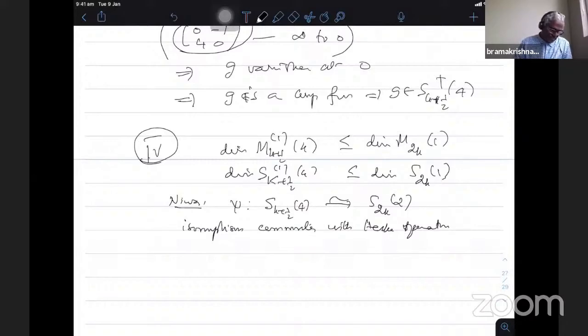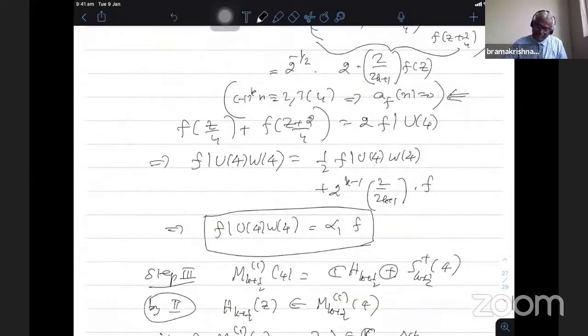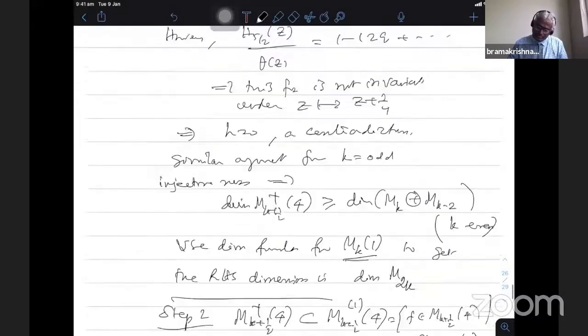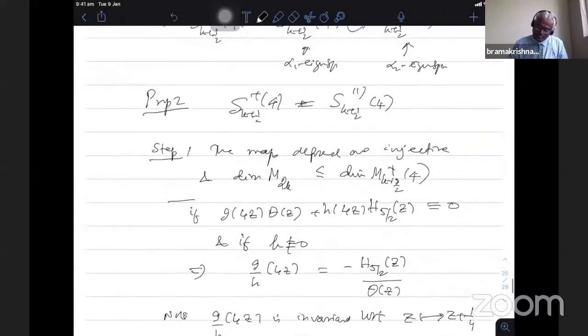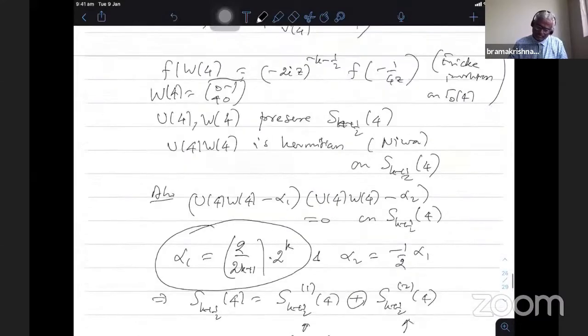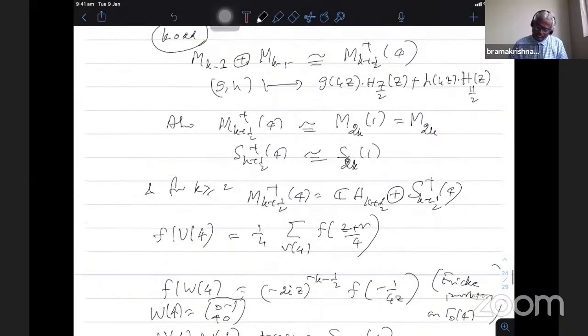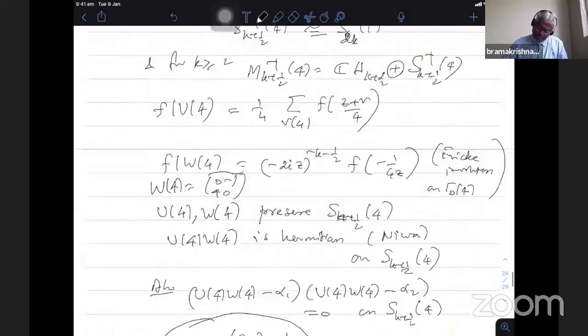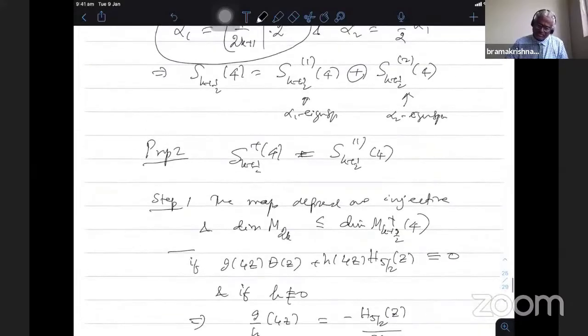So first we show that S_{k+1/2}^+ is not mapped to new forms. So S_{k+1/2}(4) contains the alpha 1 and alpha 2 eigenspaces, right? That's the whole decomposition. The whole space consists of the alpha 1 eigenspace and the alpha 2 eigenspace.